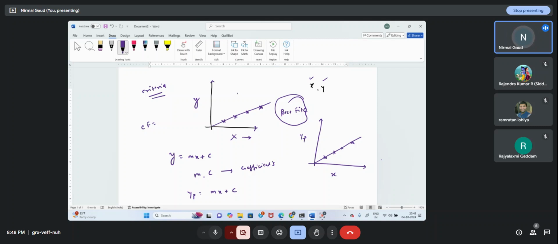So initially, this is what I have drawn between x and y as per my equation, and this is what, after getting m and c, I calculated the prediction.